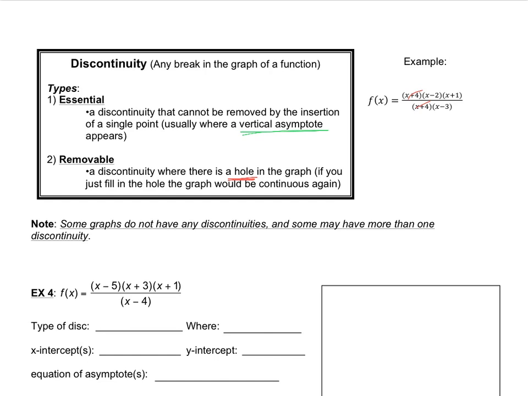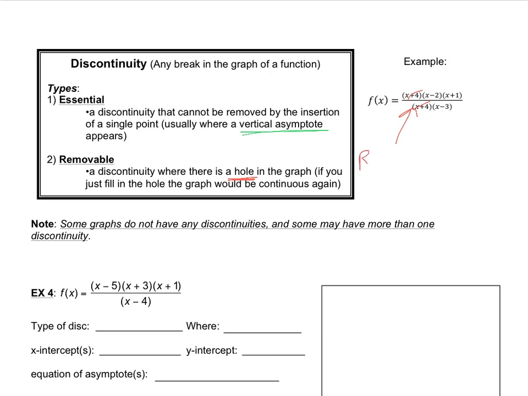So when we see x plus 4, that simplifies our expression to this, but that should still raise a red flag because x still cannot equal -4 even though you cancel out those two factors. So any x value that you remove from the equation itself by canceling from the denominator, that still is going to be a discontinuity. There's still a discontinuity at x equals -4, but it's removable, meaning it's a hole.